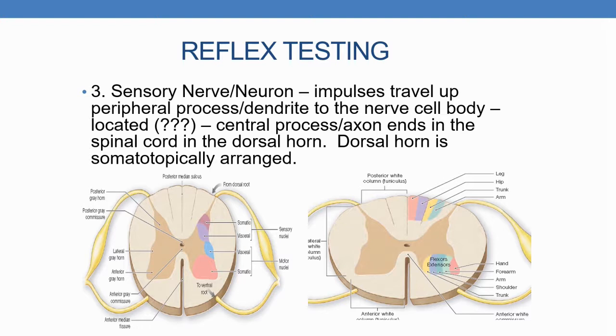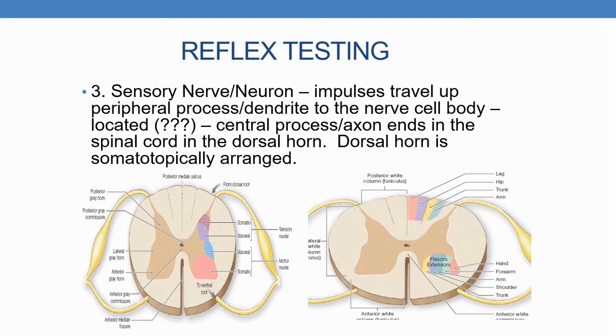Other sensory neurons for other reflexes travel in the radial nerve. In the lower extremity, they travel in the tibial nerve, and they travel in the femoral nerve, etc. But we have these sensory neurons that conduct the impulses from the receptor up this special dendritic ending, also known as a peripheral process.